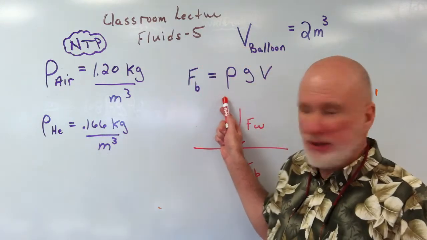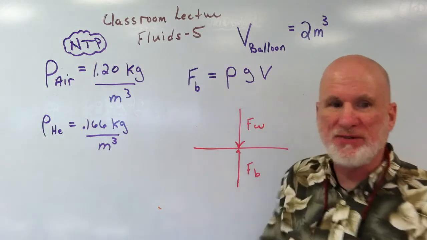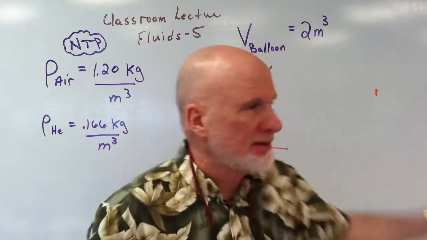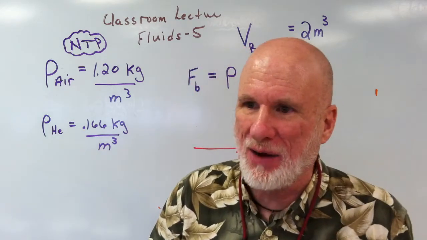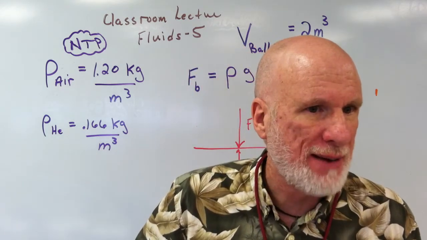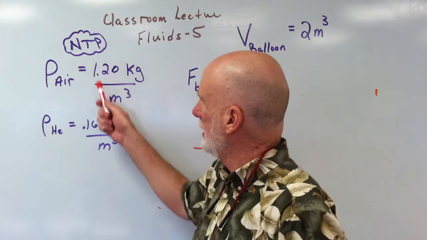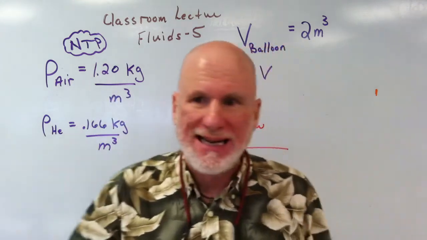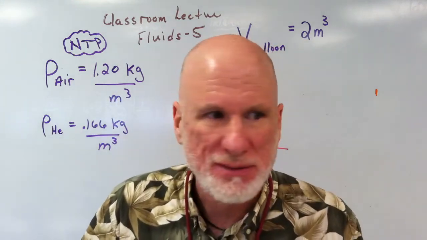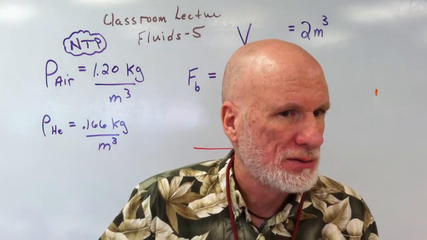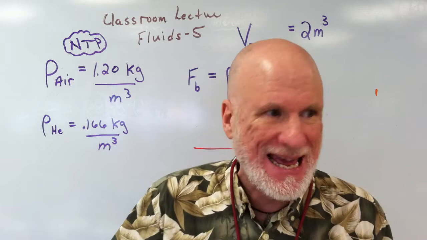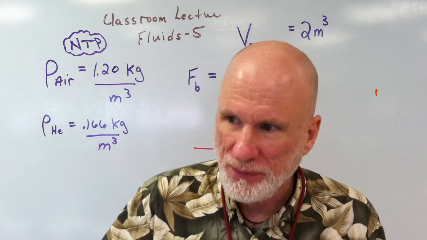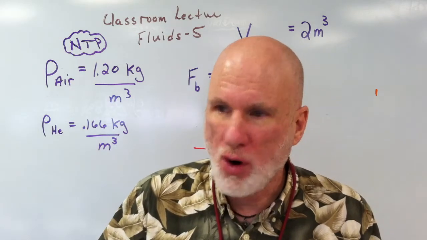Density of fluid, volume of fluid. What's the volume of fluid that's displaced? 2 cubic meters. What's the density of air at normal temperature and pressure? NTP, 1.2 kilograms per cubic meter. Okay? So what is the FB for the balloon?